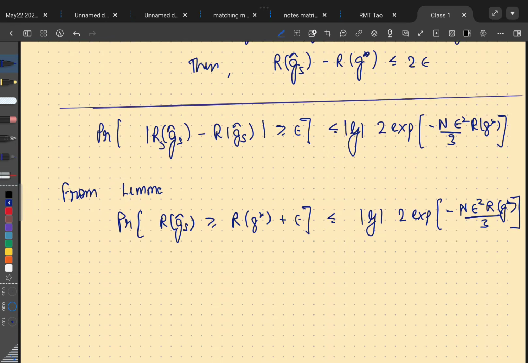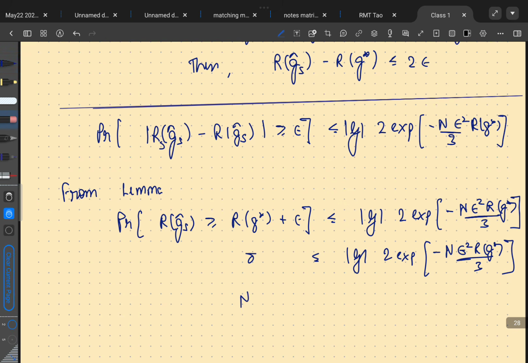So the minimum number of samples to achieve a certain epsilon delta error: if I take this to be delta, then just take this away.